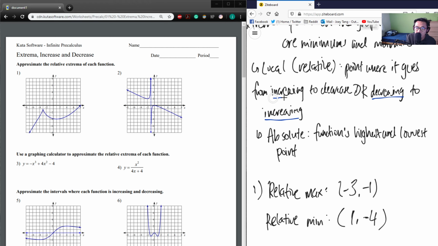When we go from a period of increasing to decreasing, I'm going to do this in red, from increasing to decreasing would be a maximum. Just like we did in number 1 here, this would be a maximum. And then from decreasing to increasing, the point at which it switches would be its minimum here.